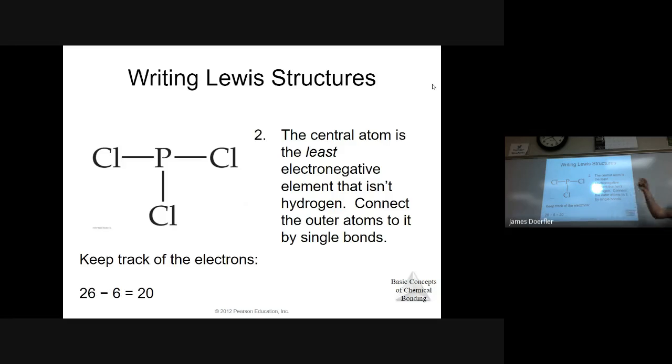If each line represents 2, how many did I just use? 6. Mental math morning. Don't you love it? So, we use 6 of the 26 valence electrons. So again, keeping track, 26 minus 6, we have 20 left to go and deal with. Okay?